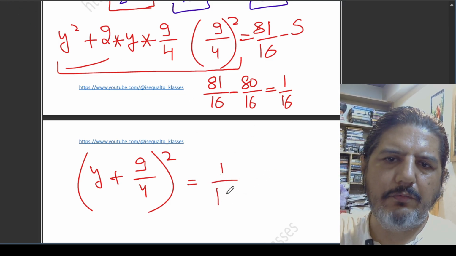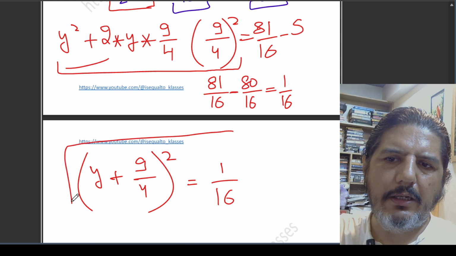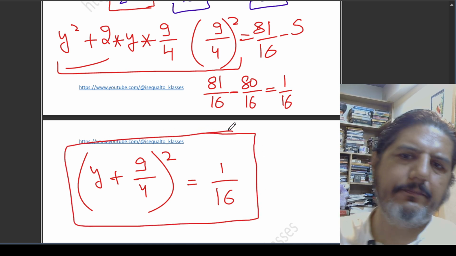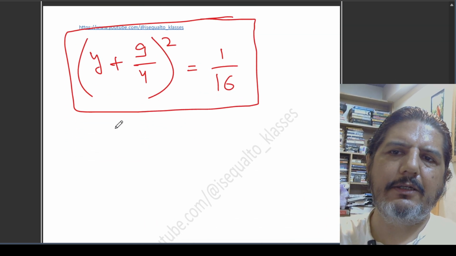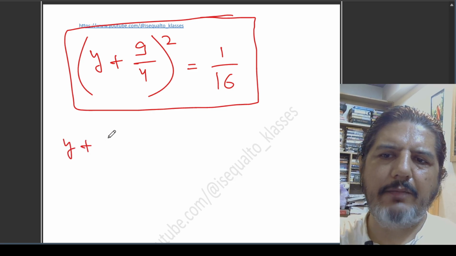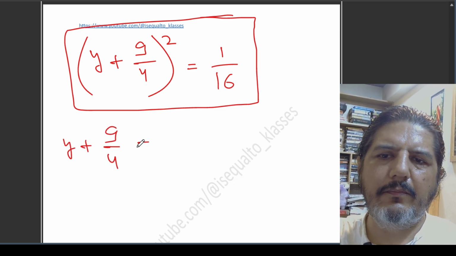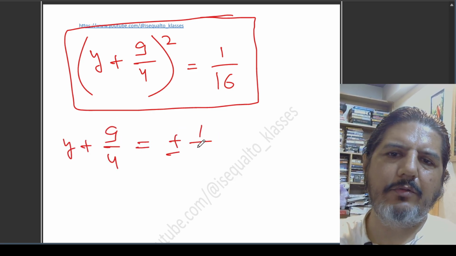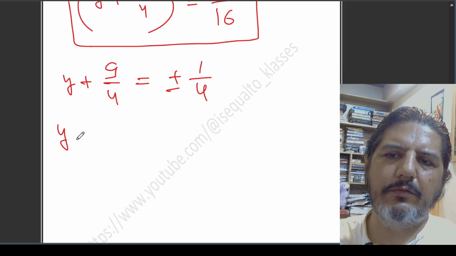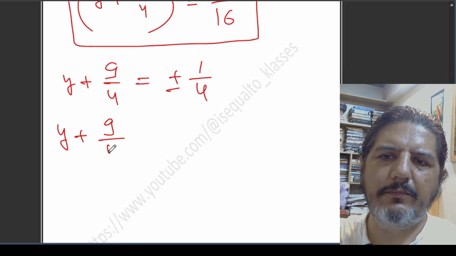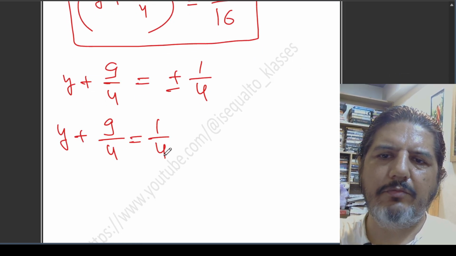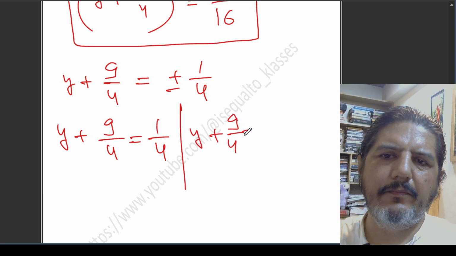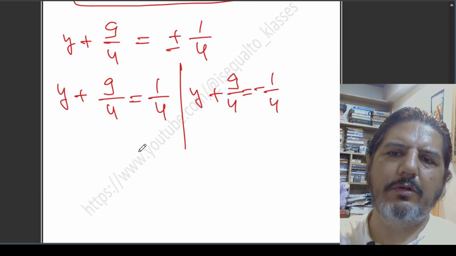Now I'll get the answer, because this can now be written as y + 9/4 is equal to plus minus 1/4. So y + 9/4 is equal to 1/4, and y + 9/4 is equal to minus 1/4.